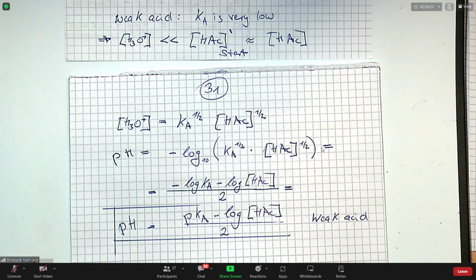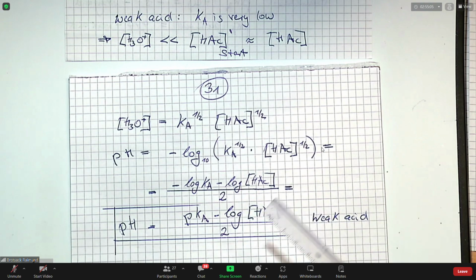It's a little bit difficult to do by calculation. For a weak acid, the formula is the pH is the pKa minus the log of the concentration of the acid over 2.